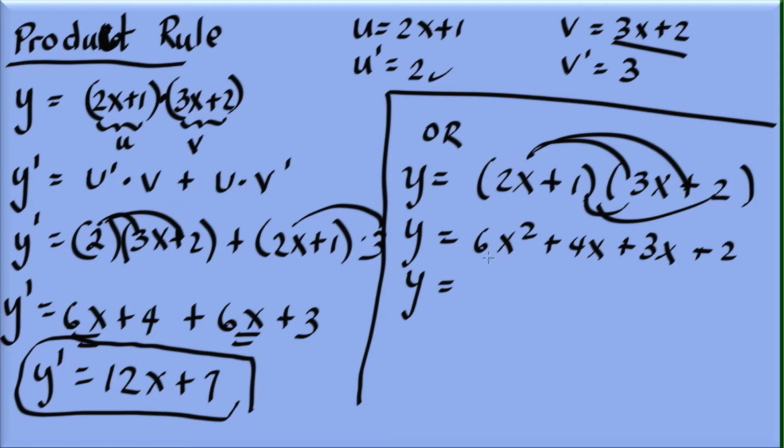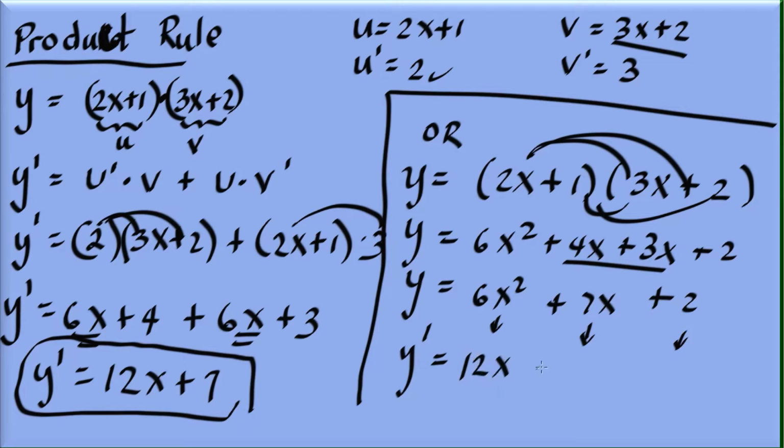So 6x squared plus 7x, and then plus 2. After you rename it, then you can go ahead and get the derivative. This time you don't need to use the product rule because we have these three individual terms that just require the use of power rule.